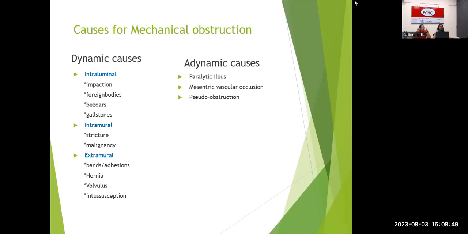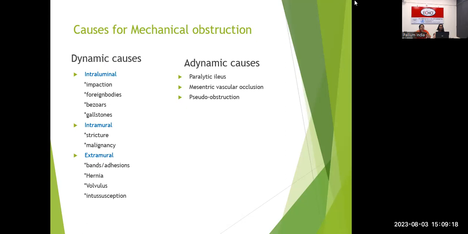Intramural, something related to the muscle of the intestine. It can be due to strictures or any malignancy which is leading to obstruction. Extramural, outside the intestine, something like bands or adhesions, hernias, volvulus or intussusception can be a cause leading to mechanical obstruction. In adynamic cause, it can be due to paralytic ileus, mesenteric vascular occlusion or pseudo obstructions.